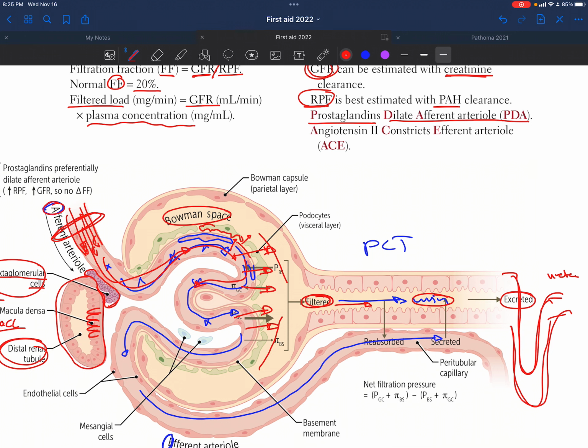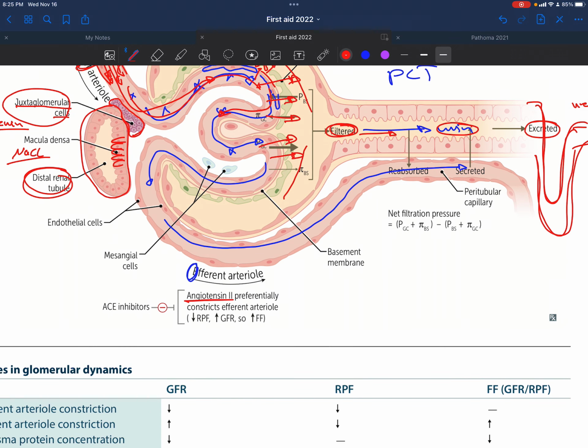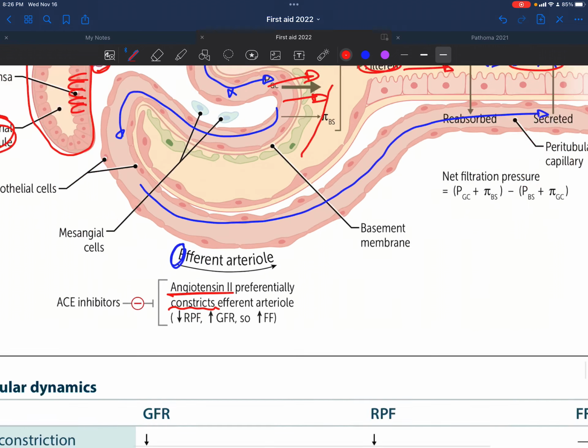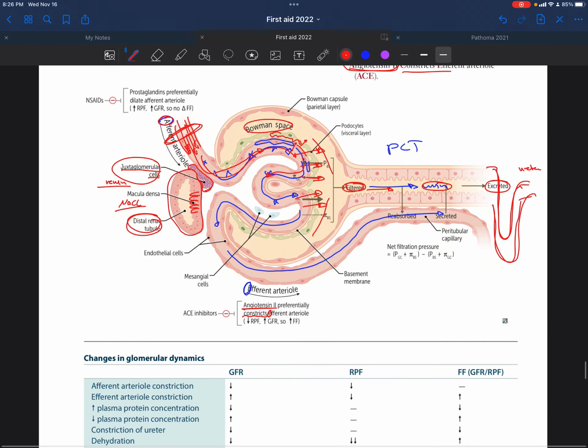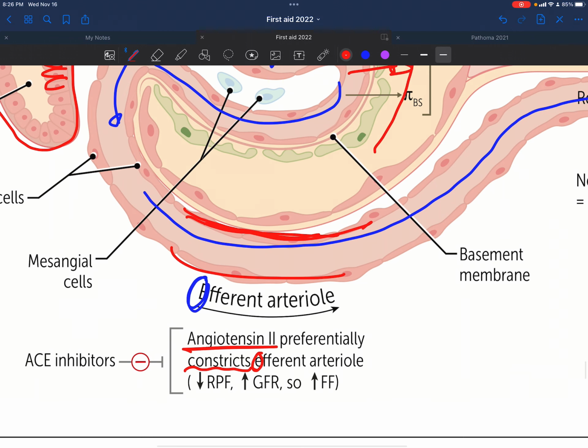Prostaglandin dilates the afferent arteriole, while angiotensin, the second effector, constricts the efferent arteriole. So if we take a look at angiotensin 2, what it does is constrict the efferent arteriole, the arteriole that is going outside the glomerulus. So instead of being this wide, when there is a higher level of angiotensin, it will constrict to this size, which means it's harder for the blood to flow through it.